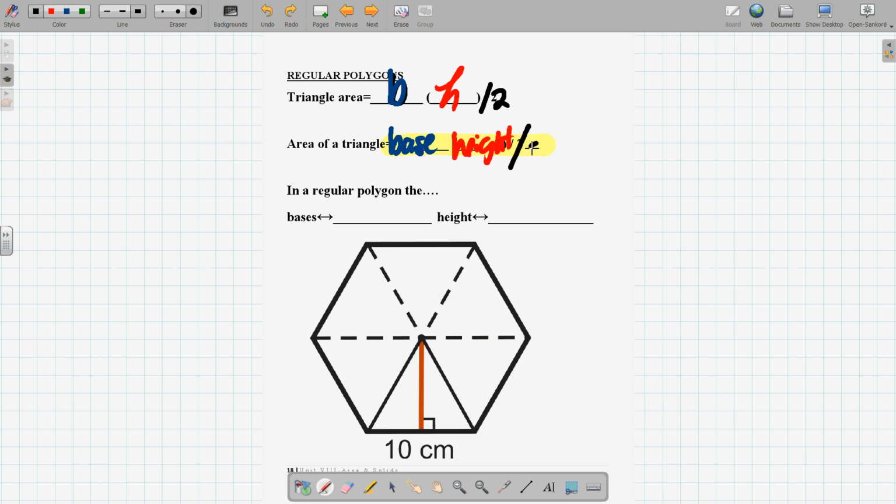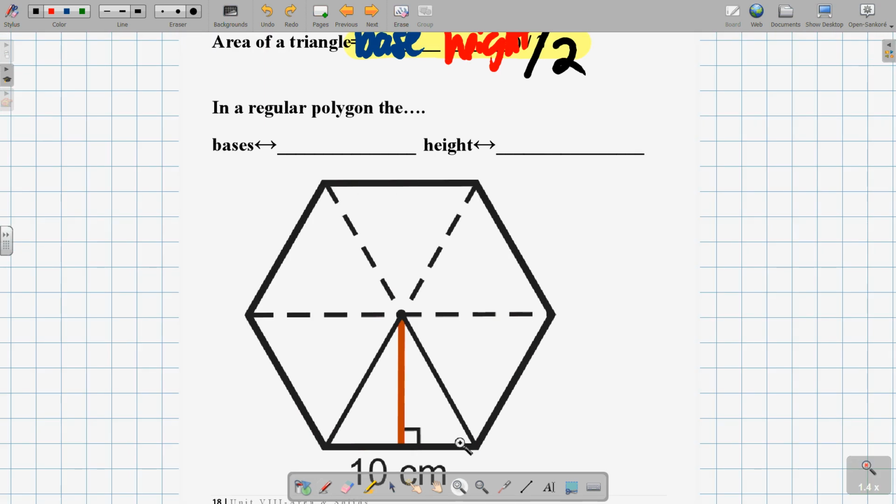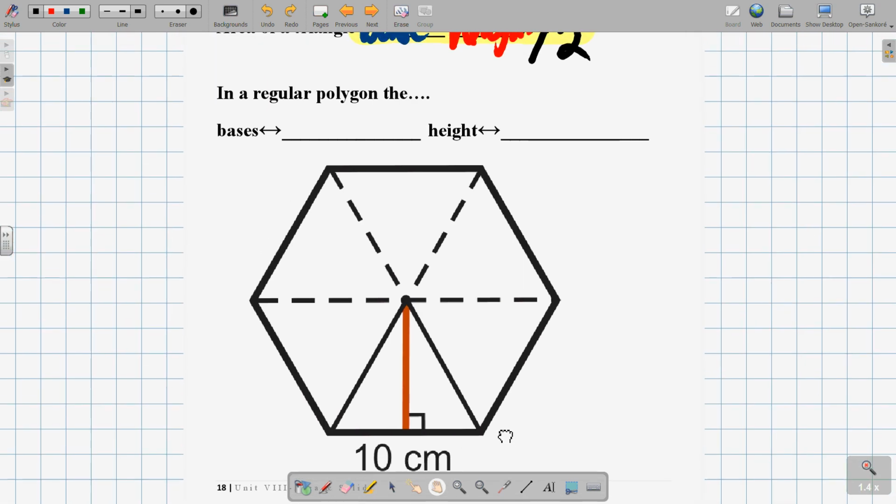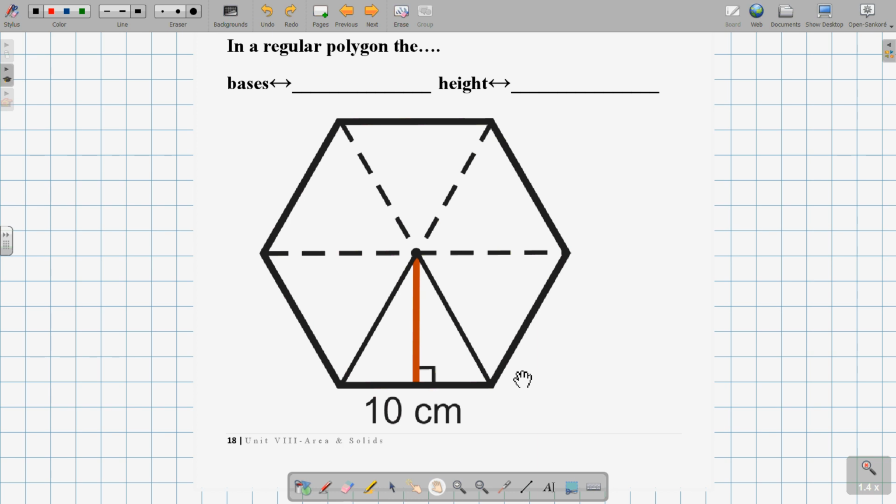Now, the equation for area of a regular polygon is directly related to what we're just learning. I'd like you to shade just this one triangle. In this one triangle, squiggle that, that's the base, right?